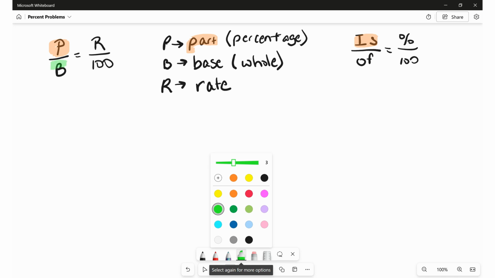Our base, or the whole, is the number closest to the word of. And our percent rate is the number without the percent sign.